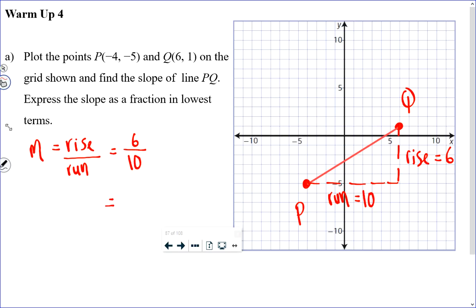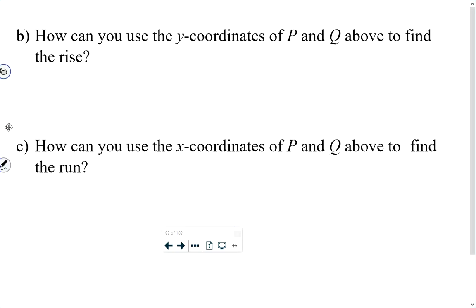And we can certainly reduce that down to 3 over 5. Child's play. Very, very simple question. But the question becomes, is there a way that we could have found the slope without having to graph this? And the answer is yes. But let's answer these two questions first.